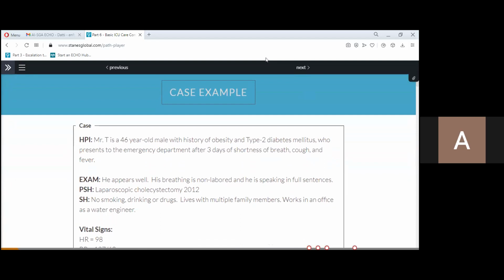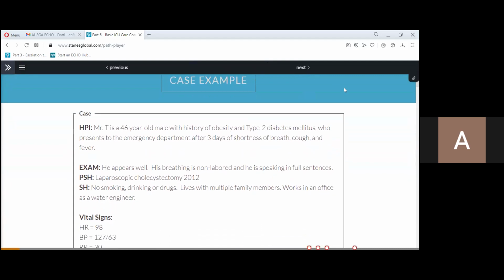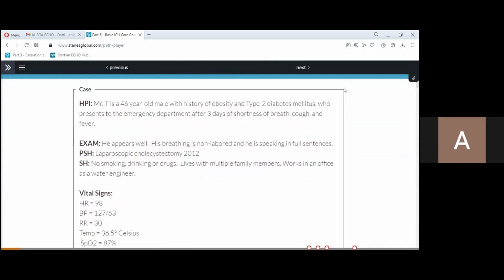An examination showed that he appears well, his breathing is non-labored, he's not in distress, and he is speaking in full sentences. Past surgical history: laparoscopic cholecystectomy in 2012. He doesn't smoke, doesn't drink, and he's not on any drugs. Lives with multiple family members, works in an office as a water engineer.